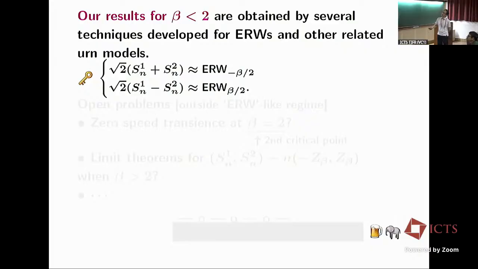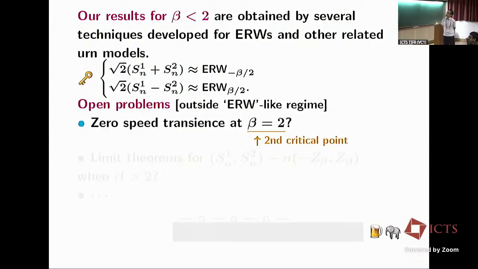And there are some open problems outside the elephant random walk like this. The prominent one is to show zero speed transience at the second critical point. In this case, everything is degenerate, and we have been unable to obtain any result. Okay. Thank you for your attention.